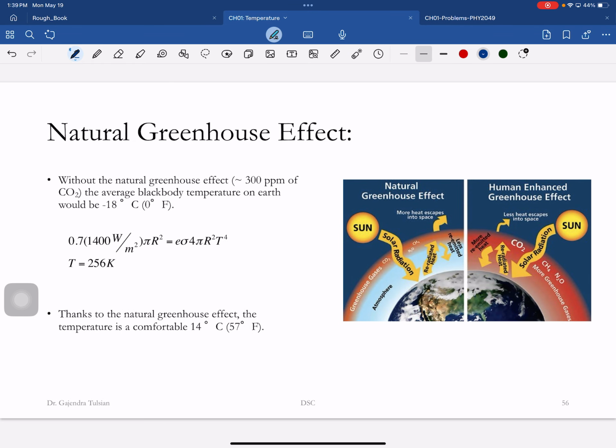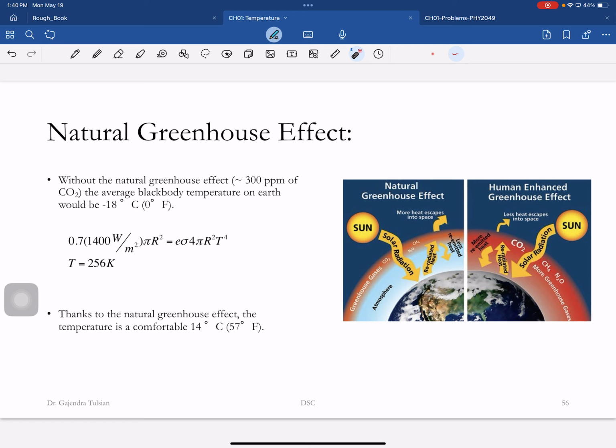What does CO2 do? We are emitting infrared radiation. CO2 happens to absorb that radiation, and it emits equally in all directions. So essentially, infrared radiation gets trapped. The more CO2 there is, the more radiation is trapped, and the less radiation escapes.